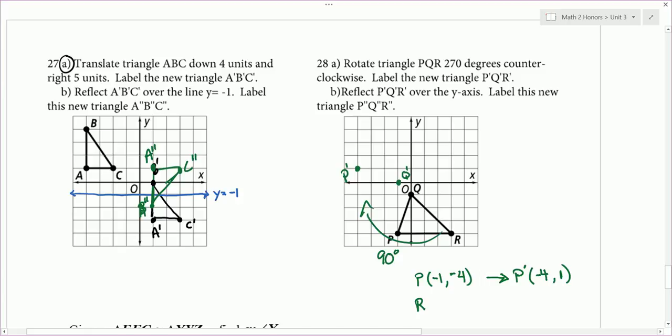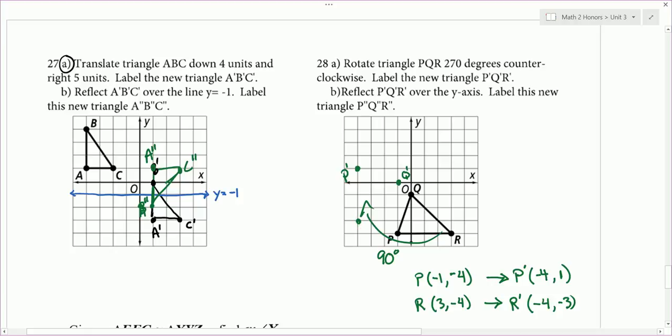Point R is at 1, 2, 3, down 1, 2, 3, 4. So following a similar pattern, where do you think R prime would be? Well, you swap them, and that 3, you're going to make a negative 3. Let's see where that point is. Negative 4, negative 3. Right there.